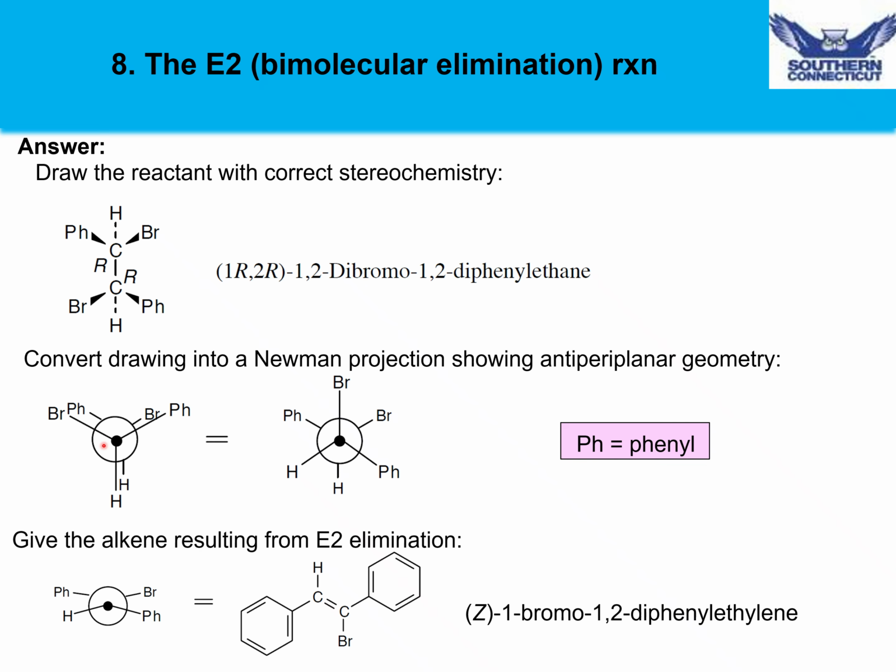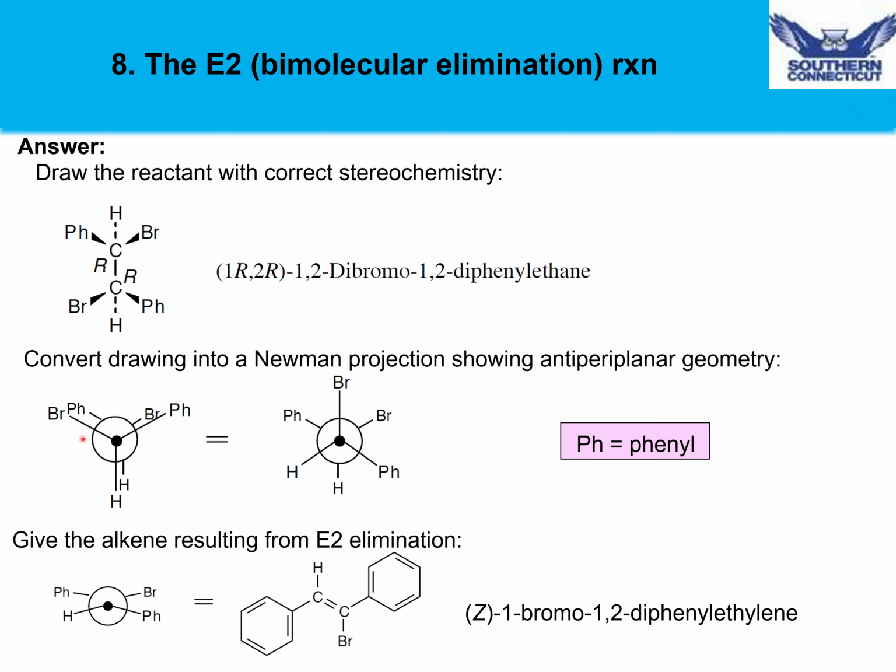Now we want to double check that this is in an anti-periplanar geometry. What that really means is the hydrogen that we're eliminating has to be anti to the bromine we're also eliminating. So we could take this hydrogen and put it anti to this bromine in the back, or we could take this hydrogen in the back and put it anti to this bromine.